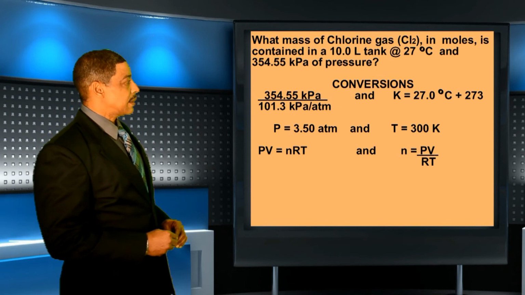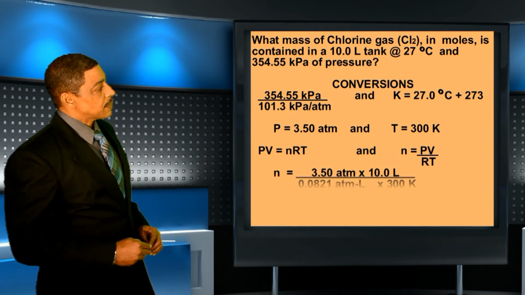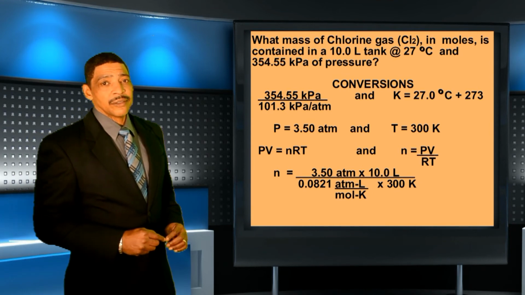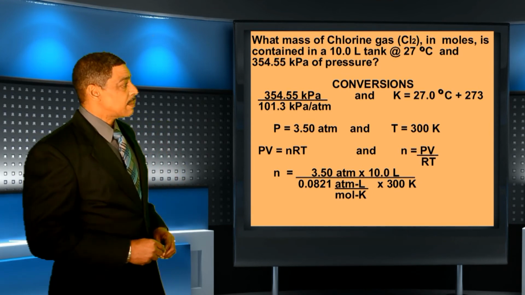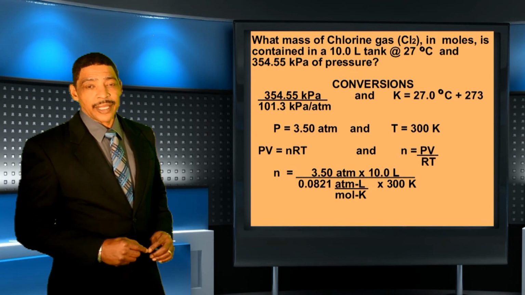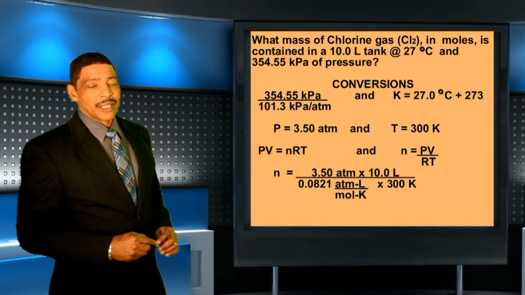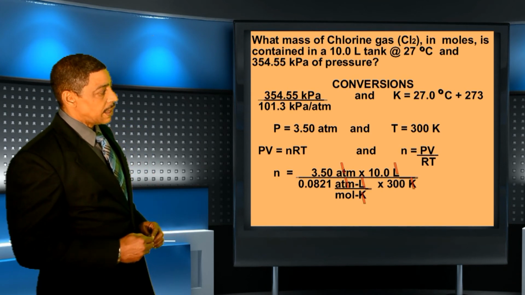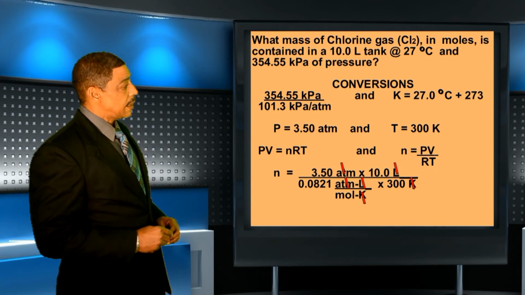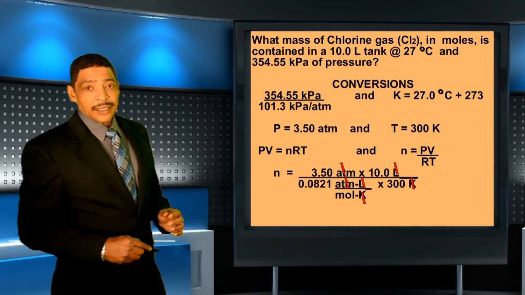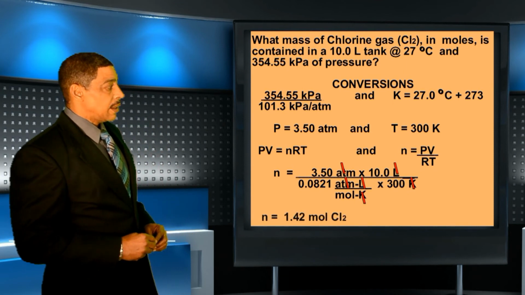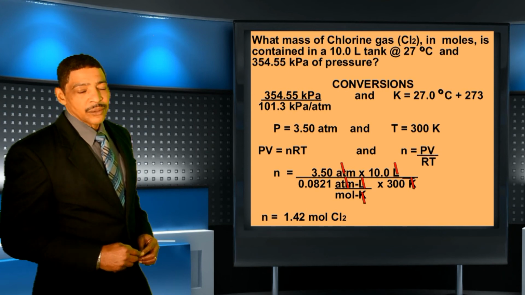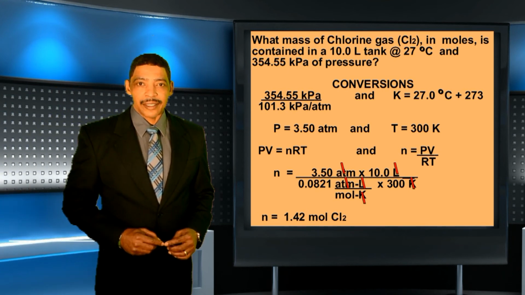Now inserting the data, n is equal to 3.50 atm times 10.0 liters divided by 0.0821 atmospheres times liters divided by moles times K times 300 K. In this case, the atm, the liters, and the K will cancel, and the amount in moles will be 1.42 mole of chlorine gas.